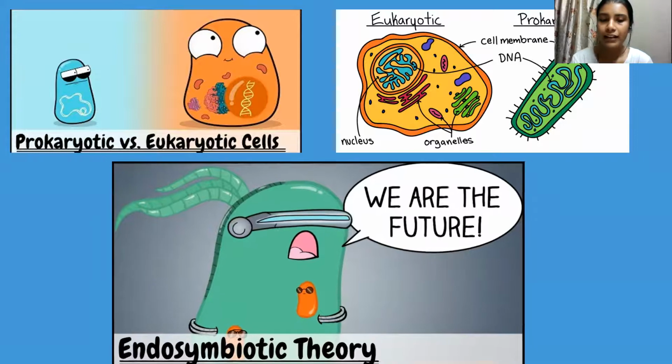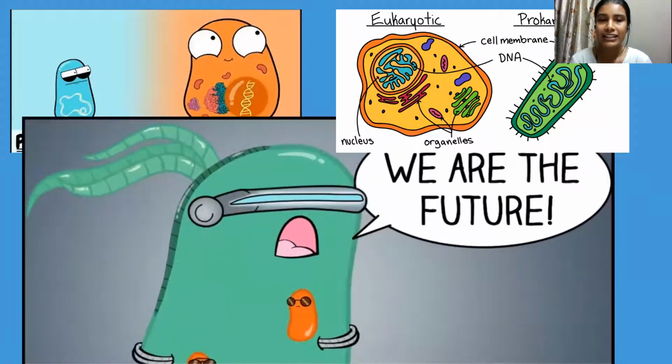Endosymbiotic theory tells us that these organelles were basically primitive prokaryotic organisms that got infused inside the cell, lost their identity, and became a dedicated cell organelle.